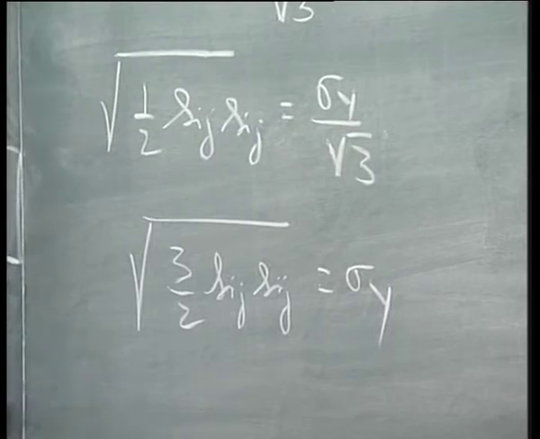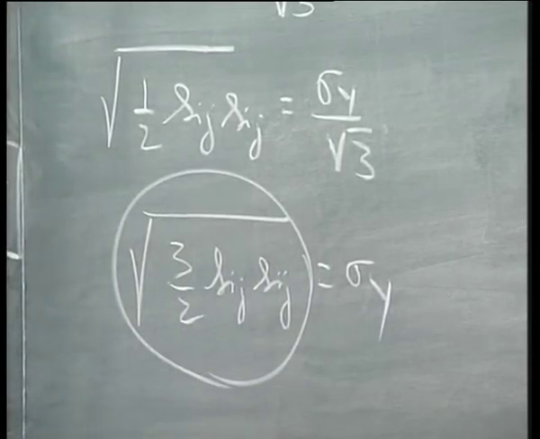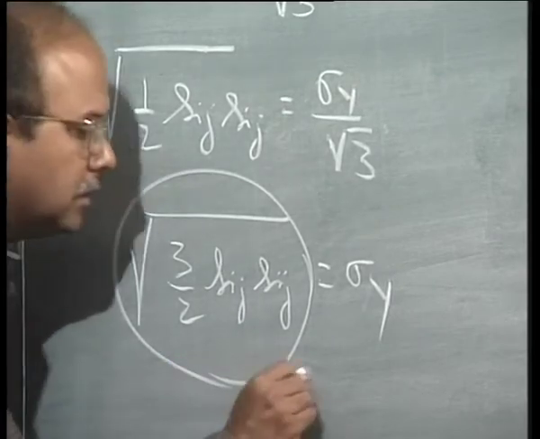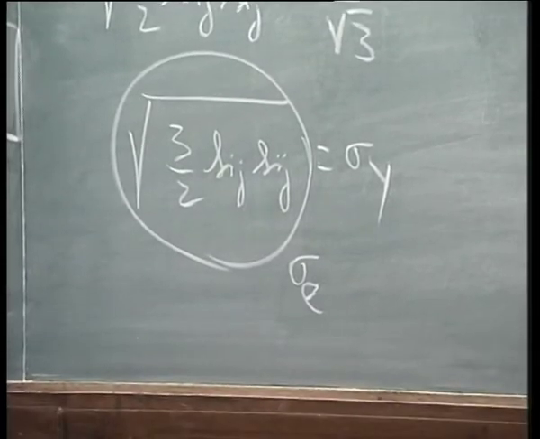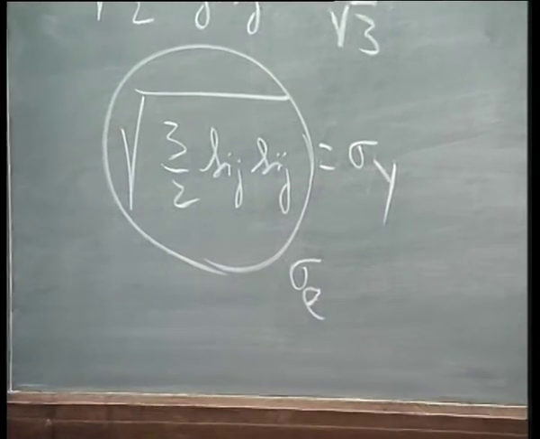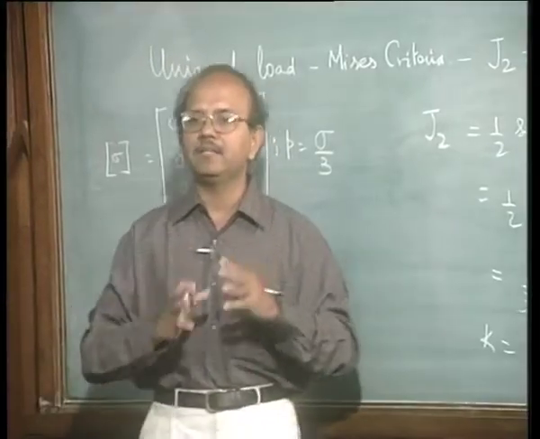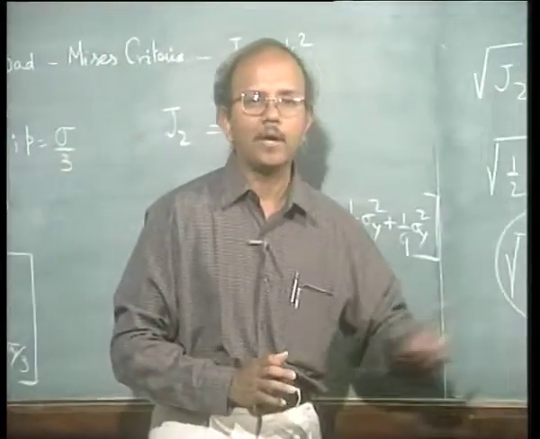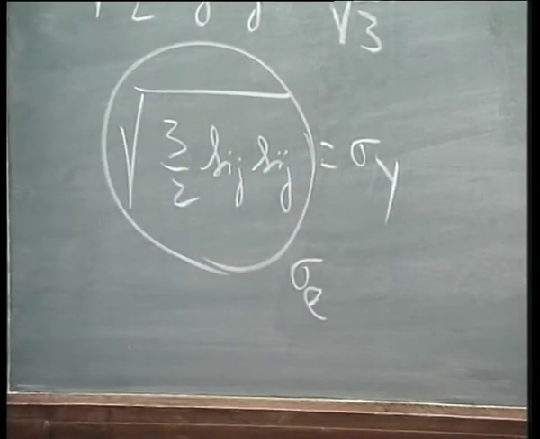Hence, whatever is inside the root symbol on the left, I call sigma E, the equivalent stress, because it is equivalent to a uniaxial stress. Equivalent stress also means it is the same as Mises stress. Hence, in a 3-dimensional case I calculate this value, compare it with sigma y, and tell you whether there is going to be yielding or not.